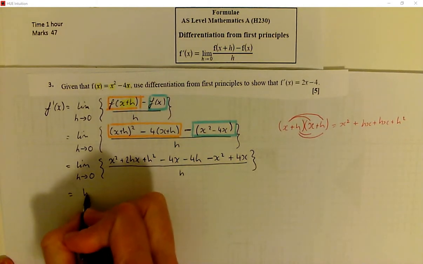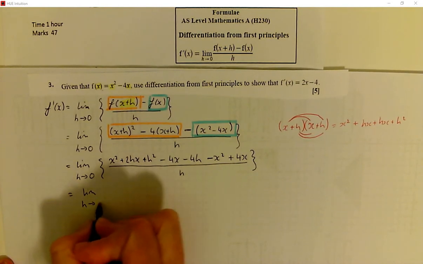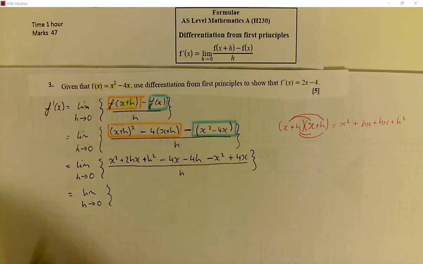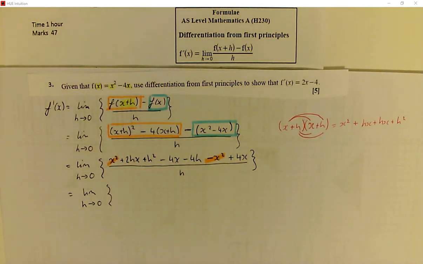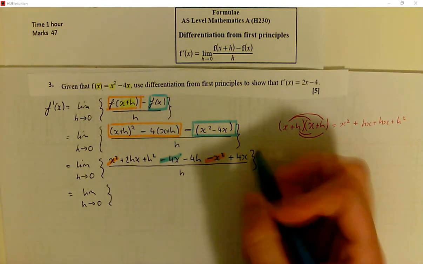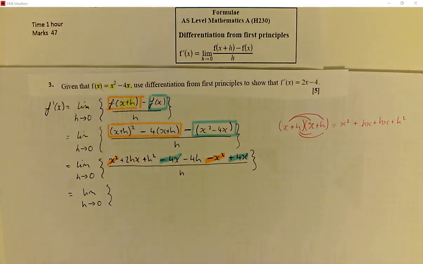Let's simplify our numerator. Hopefully we can see we have an x squared and a minus x squared, so they're going to cancel out. We've also got a minus 4x and a plus 4x, so they're going to cancel out. So what are we left with?